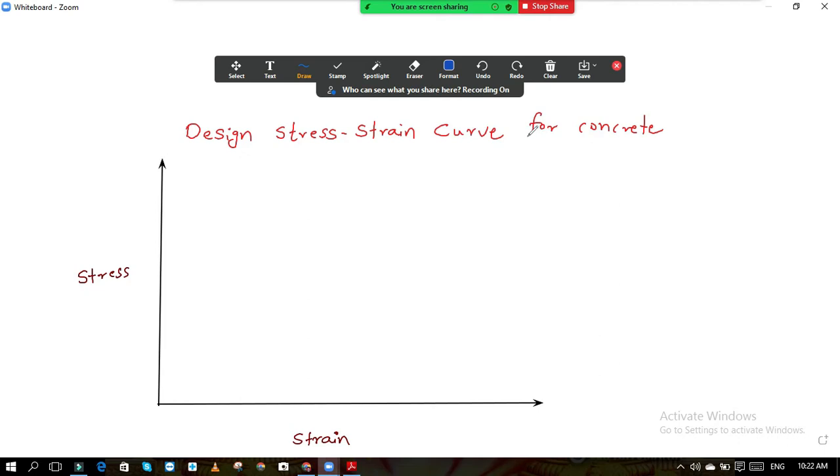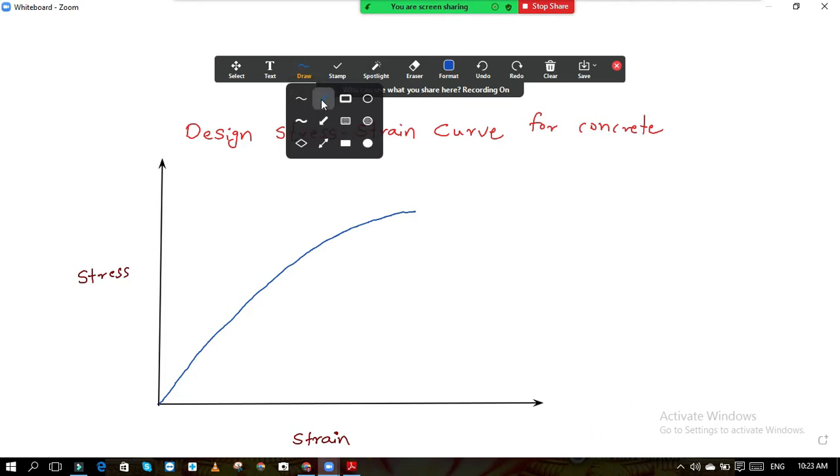I will draw that curve. It will be parabolic up to a certain point. After that it is straight. From this point it will be straight. So this is what we can call the characteristic curve.